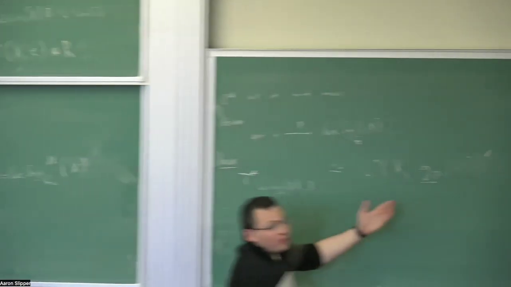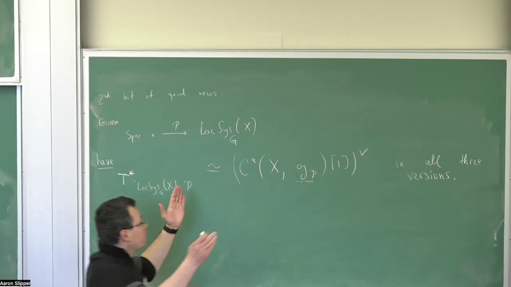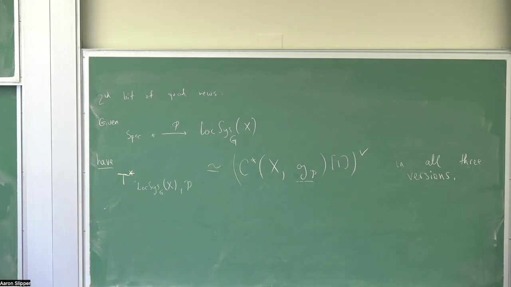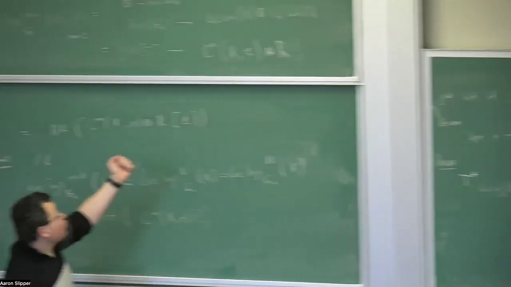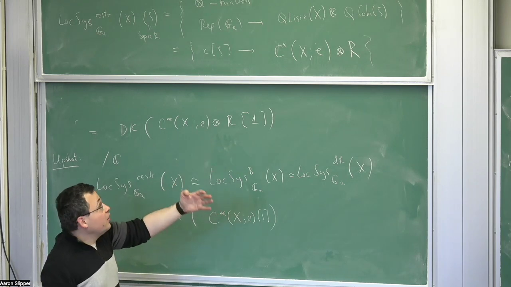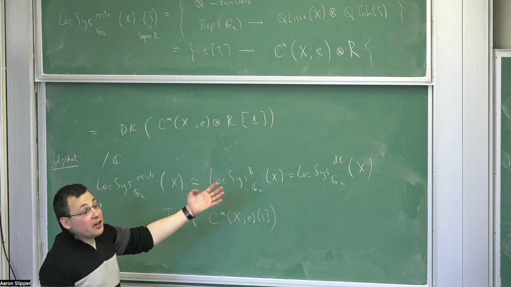Why is this true? Before giving the formula, let me wave my hands about why it's the same for all three versions. The way you compute the cotangent complex is you plug in S to be local Artinian rings, and those are finite dimensional.